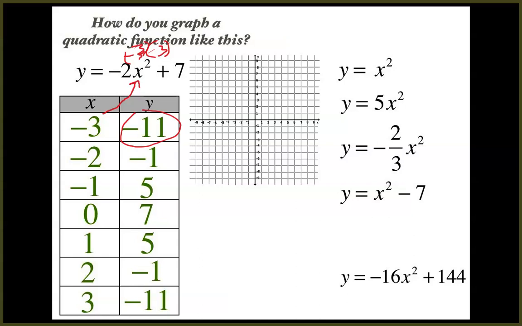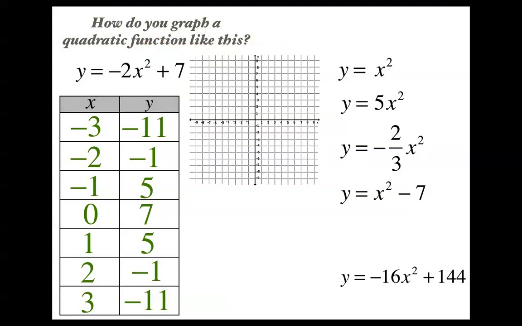I got positive 9. Positive 9 times negative 2 is negative 18, and negative 18 plus 7 gives you negative 11. That's how I got that answer. And you can do that for each one of those numbers down the table.